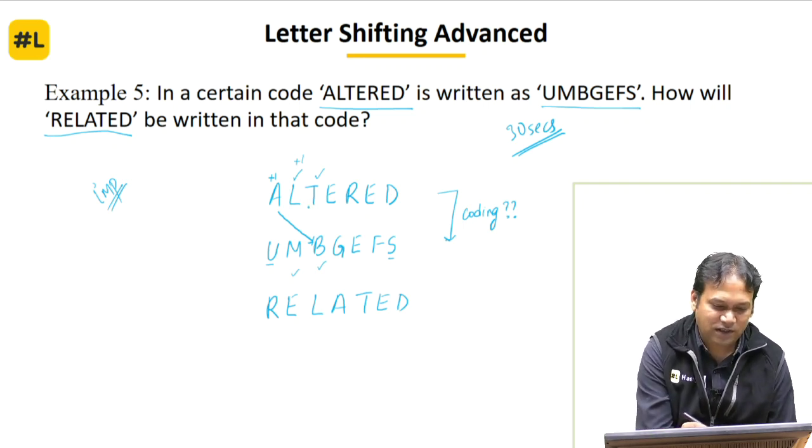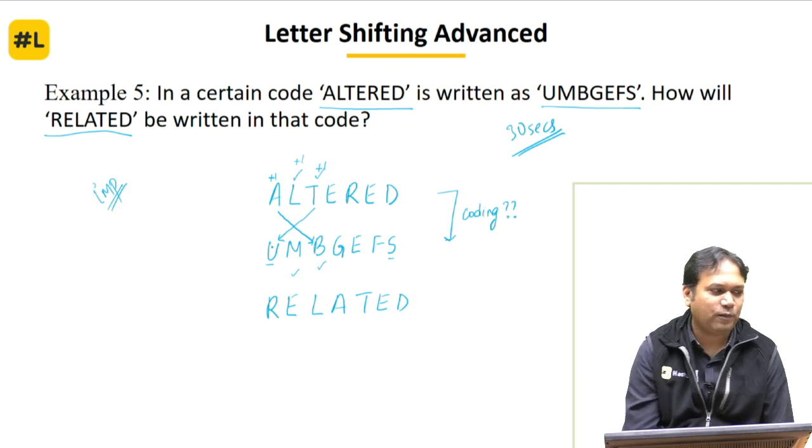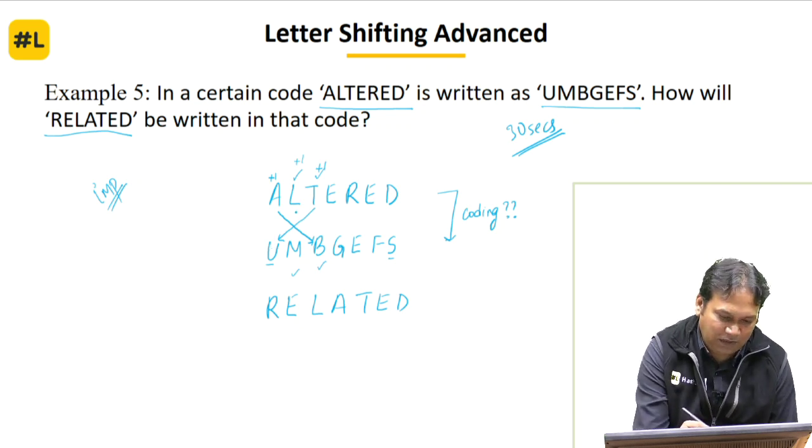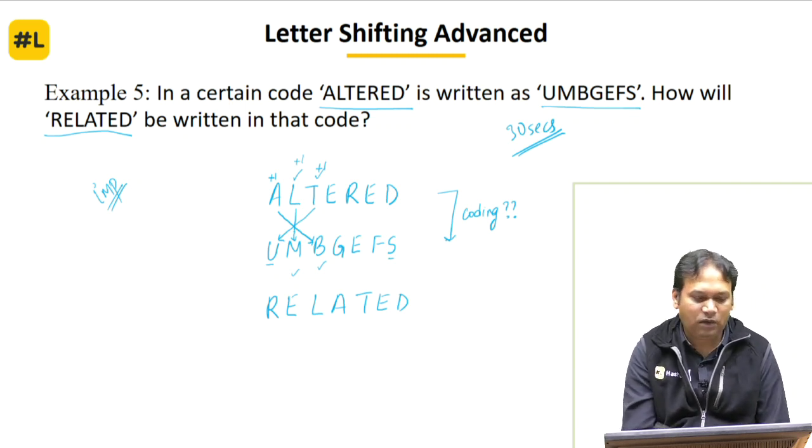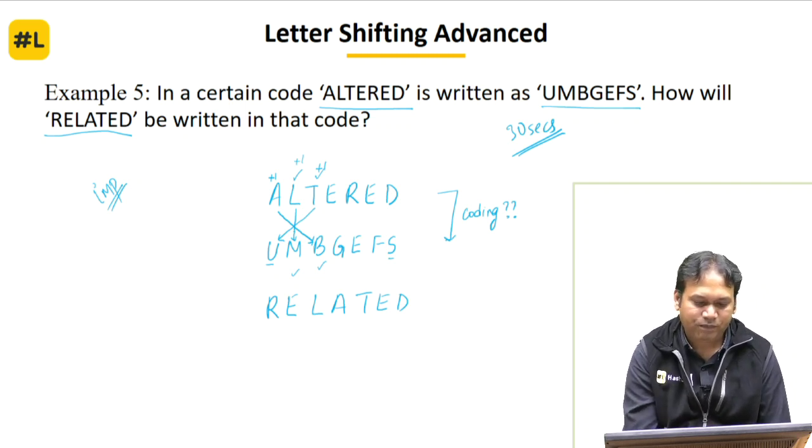Sometimes there will be a twist in the question. T plus 1 is U and L plus 1 is M. Observe here how the cross coding has been done.